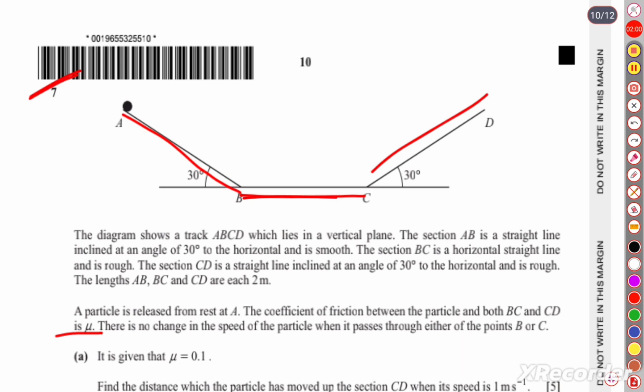BC and CD, second and third surface, are rough. So whenever we calculate any quantity, we should not think of all of them together. As the surfaces are of different natures, we will have to calculate them individually.